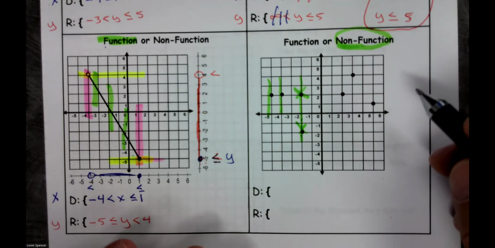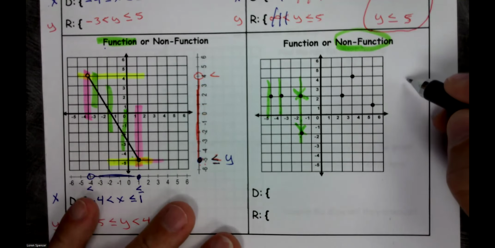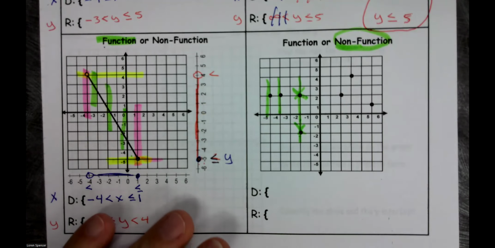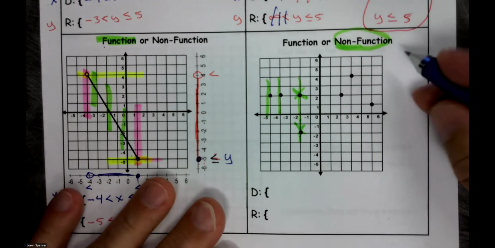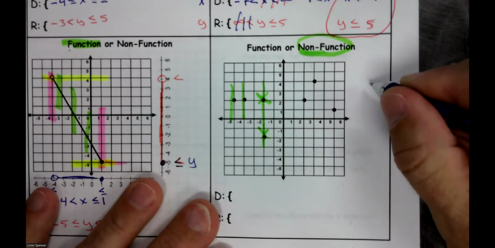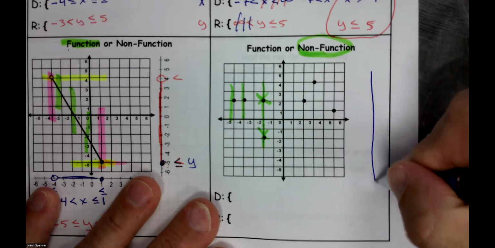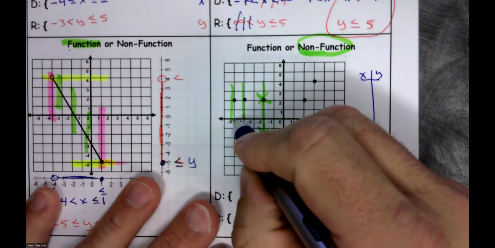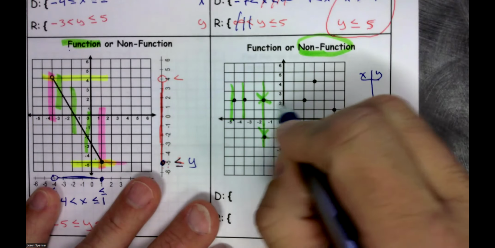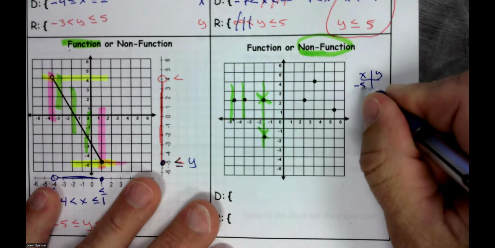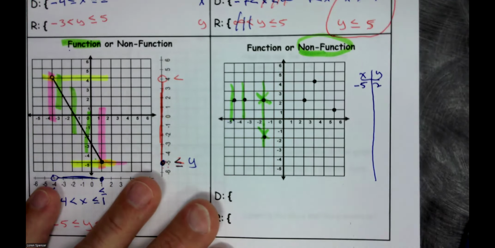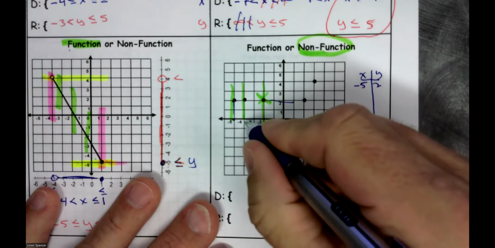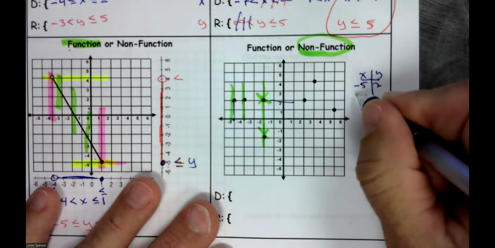Now, I find it helps me to make a t-chart. You're not required to make a t-chart on these, but it helps me to make sure I don't list repeats. And I also get to see why it is a non-function. So x, y. This first point is at -5, 2, because all I did was go up and over. Then I go, oh, -4, 2.